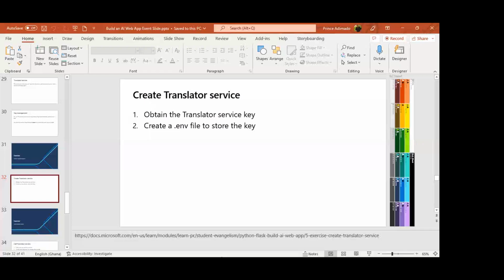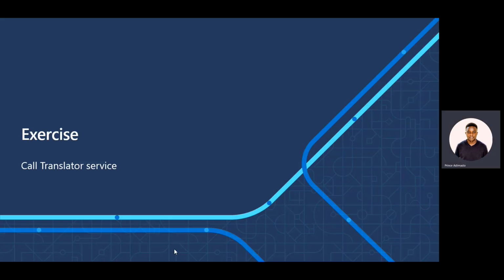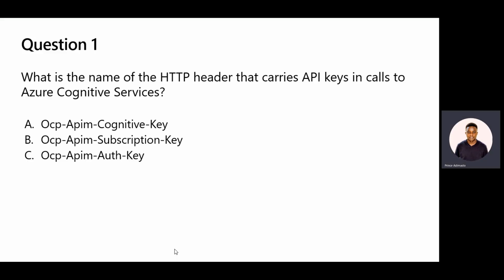Right, so when you come here, we have done that. So the exercise, our app is up and running. We call the translator service. So let us answer these questions.